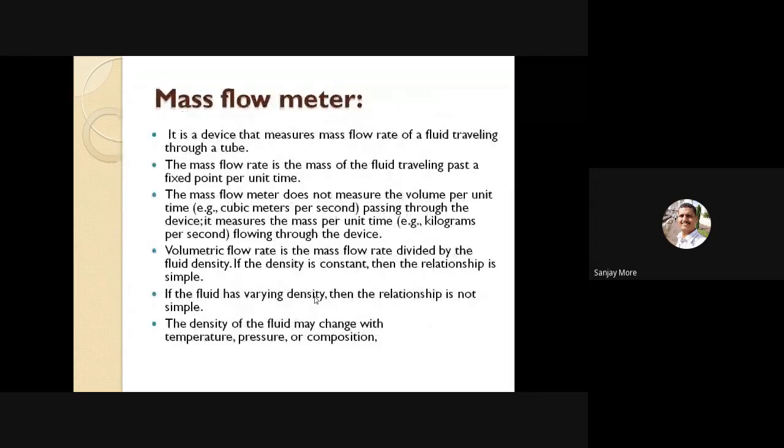And the next and last point of this chapter is mass flow meter. Give the heading mass flow meter.